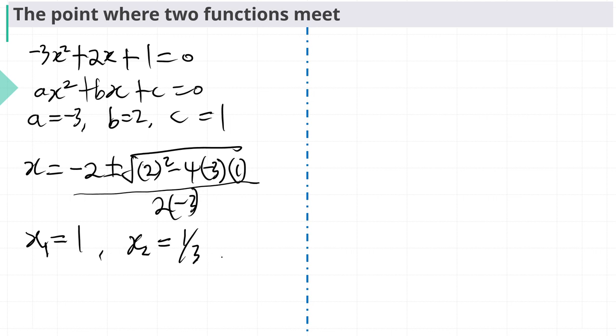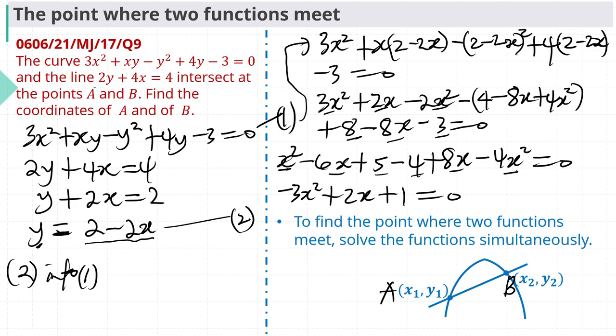Now we are finding the point where the two functions meet. What we have done is to solve for s1 and s2. The next thing we want to do is to find the y coordinates of those points. How do we find the y coordinate of those points? We substitute the s values gotten into one of the equations given in the question.